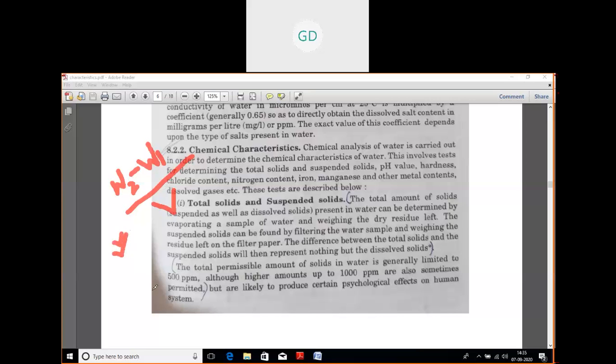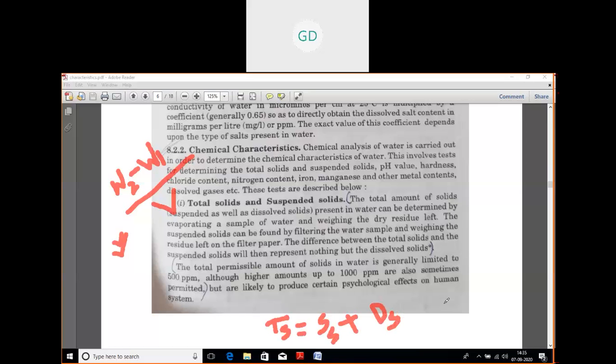So if you get total solids and suspended solids, obviously now we can find out the dissolved solids, because the formula, writing it in short form, is: total solids is equal to suspended solids plus dissolved solids.